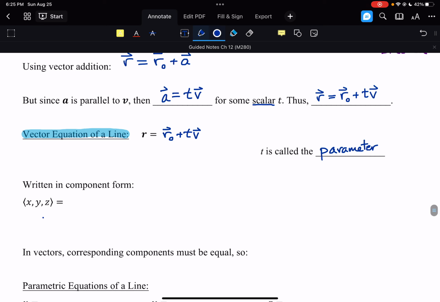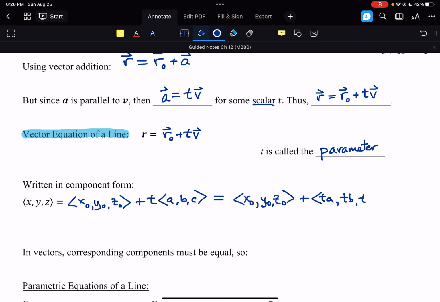Now, if we want to expand this out a little bit so we can actually look at the components of these vectors, we get r is xyz, r naught is x naught, y naught, z naught, plus t times the components of v, we're going to call them a, b, and c. So if we distribute that t in there, we get x naught, y naught, z naught, plus ta, tb, tc.